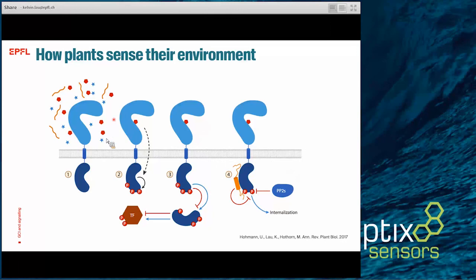They have an extracellular domain that can sense extracellular ligands, such as hormones, peptides, small molecules from the environment, which would then trigger an internal kinase for downstream signaling. And this coordinates growth, defense, and many other pathways within plants so they can grow properly.